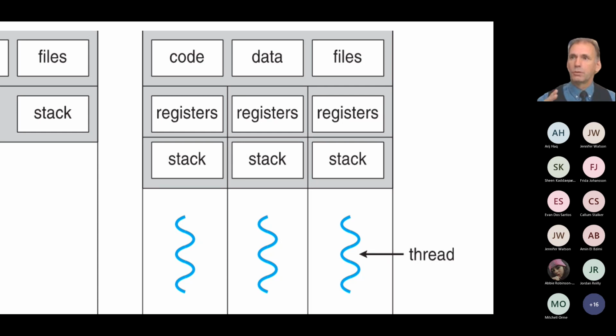we share the same code, share the same data, we share the same files, but we give each thread of execution its own set of registers and its own stack so that it can store the data for its own process. So thread 1 might have a register that stores the value of the pixel in location 1, second thread might have the value in location 2, and so on.